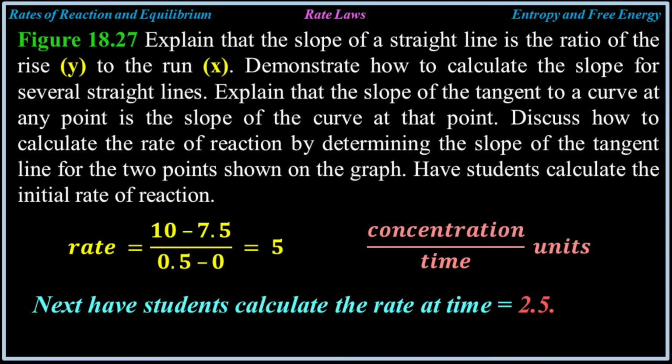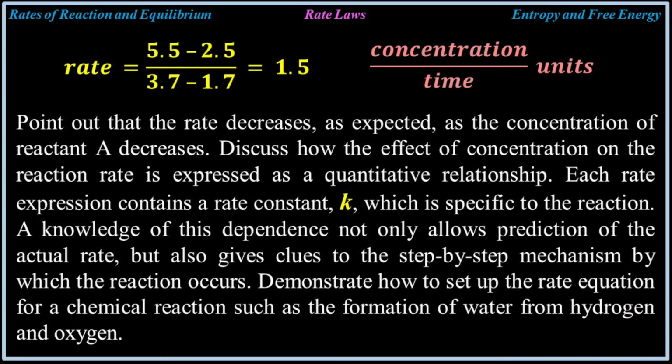So you see the rate equals 5, given the data. And now let's do 2.5. And that rate is going to be quite clearly 1.5. Point out that the rate decreases as expected as the concentration of reactant A decreases.